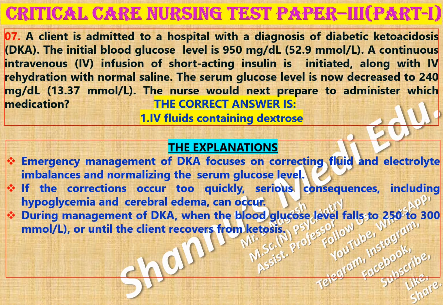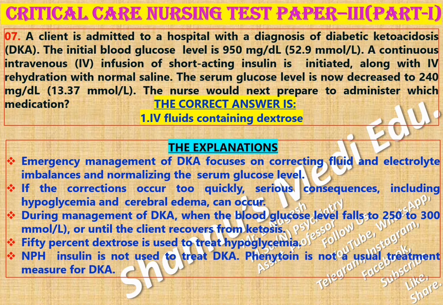During the management of DKA, when the blood glucose level falls to 250 to 300 or until the client recovers from the ketosis, 50% dextrose can be used to treat the hypoglycemia. NPH insulin is not used to treat DKA. Phenytoin is not the usual treatment for DKA.